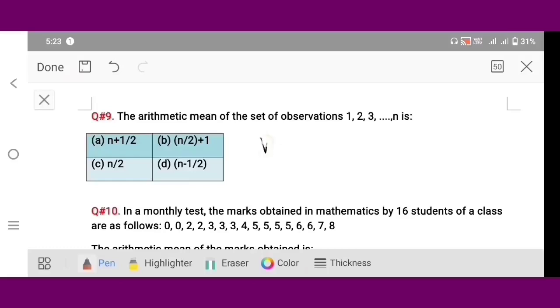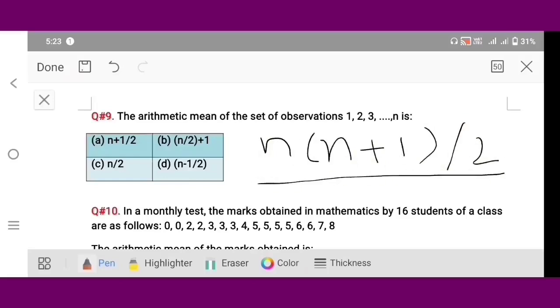Then use the formula n into n plus 1 by 2 and divide by n. So n and n will cancel out, and we have n plus 1 divided by 2, so this is the correct answer.